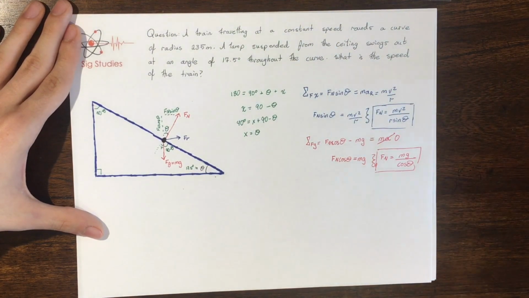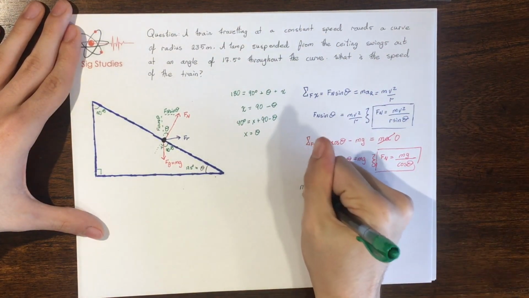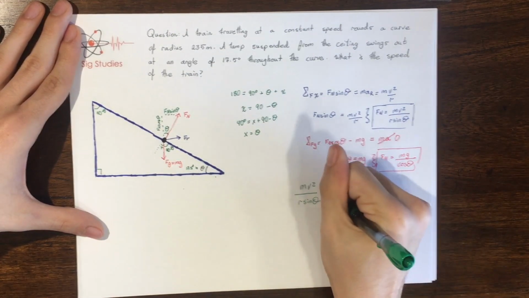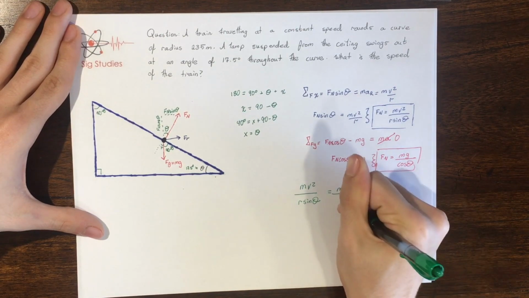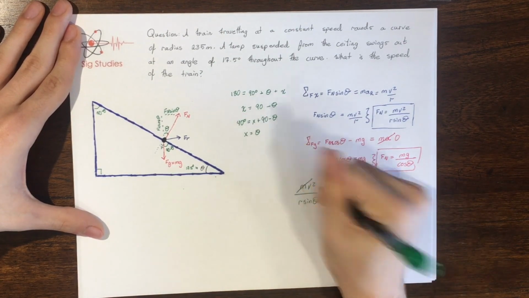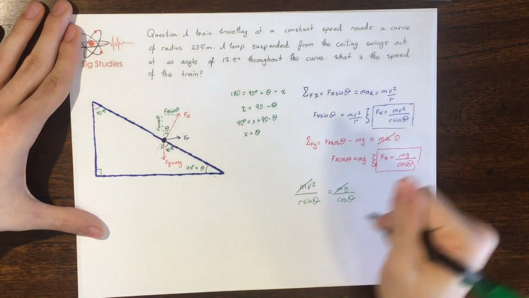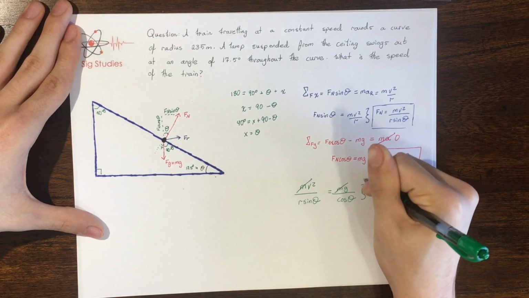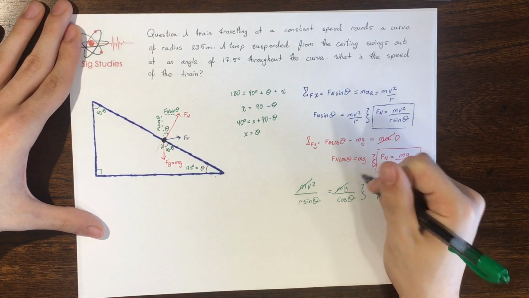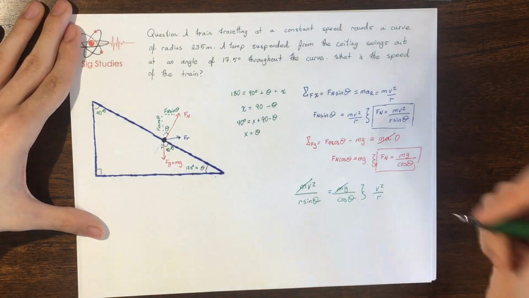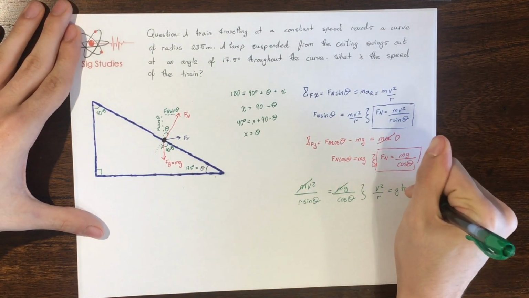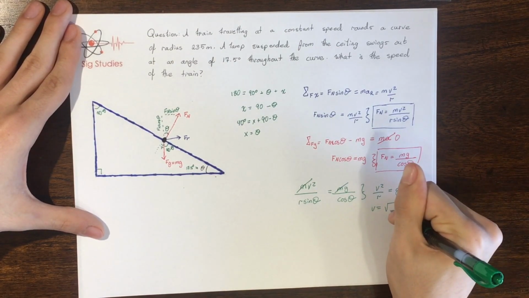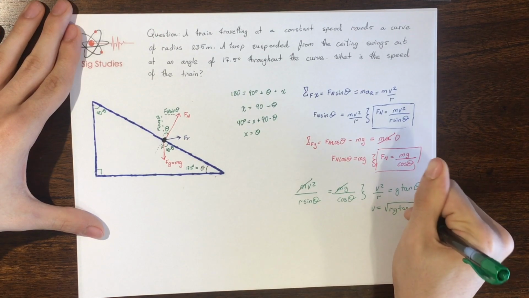So we can now say that mv squared over r sine of theta is equal to mg over cosine theta. Then we can divide out an m. We can multiply over a sine of theta, so we get v squared over r equals g sine of theta over cosine theta. G sine of theta over cosine theta is the same as g tangent of theta. And then we can continue simplifying and we get v equals root r g tan of theta.